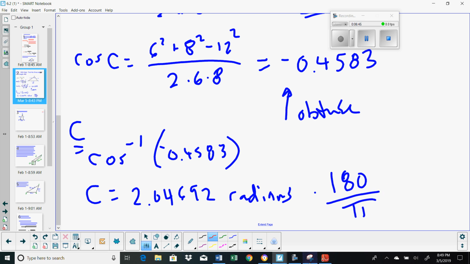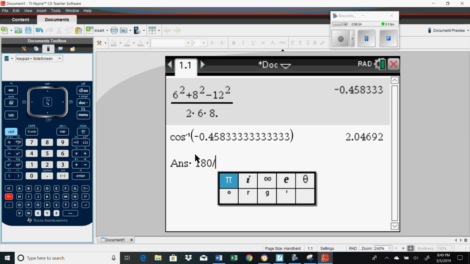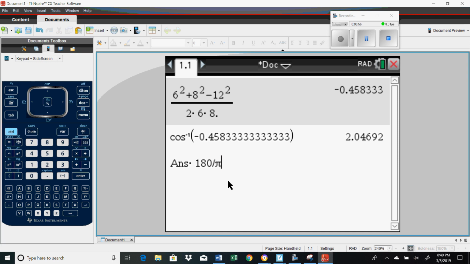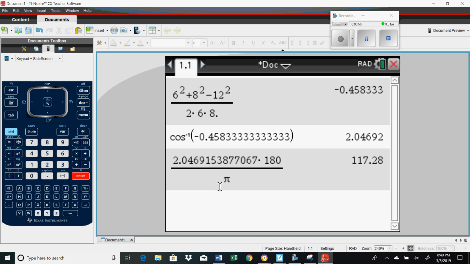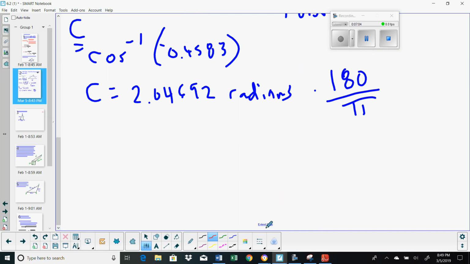So let's do that on our calculator. I'm just going to say times 180 and divided by pi. When I push enter, I get 117.3, let's say. So that's my measure for angle C, 117.3 degrees.